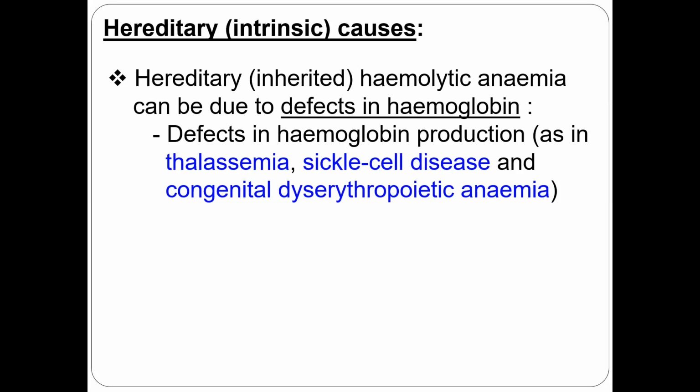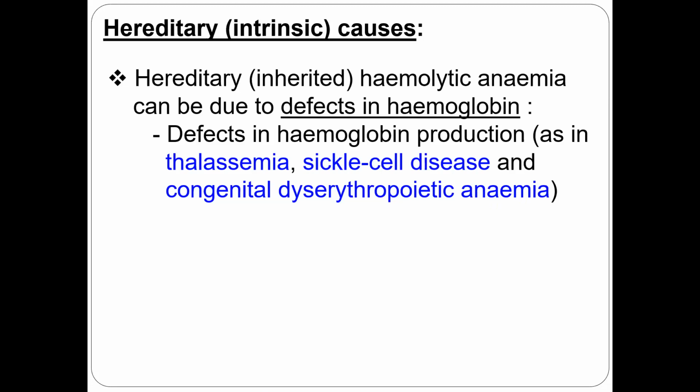AS is what? It is a trait. And then the sickle cell disease itself, you have the SS or SC. This is a defect in hemoglobin, and because of the defect in the hemoglobin, they tend to form the sickling shape, and the sickled cells, when they get to the spleen, will be removed. There again, hemolysis has taken place, or the cells have been broken down earlier than expected.